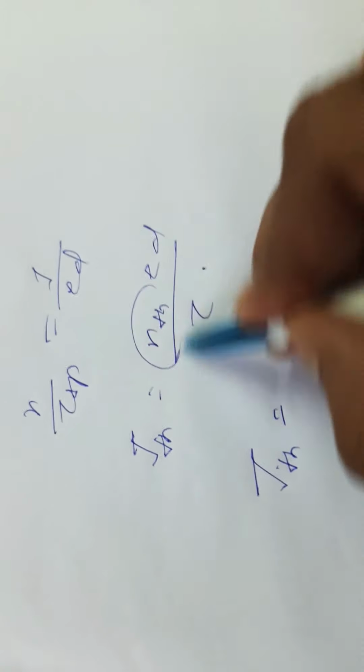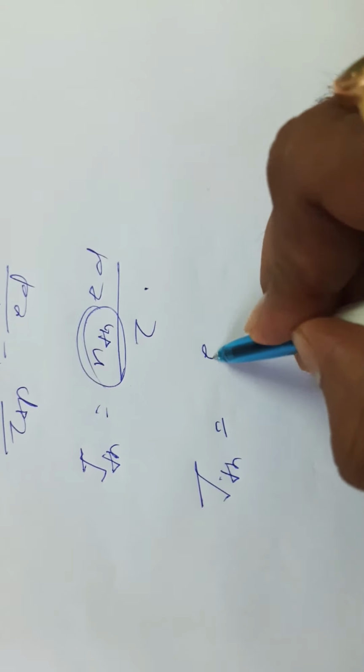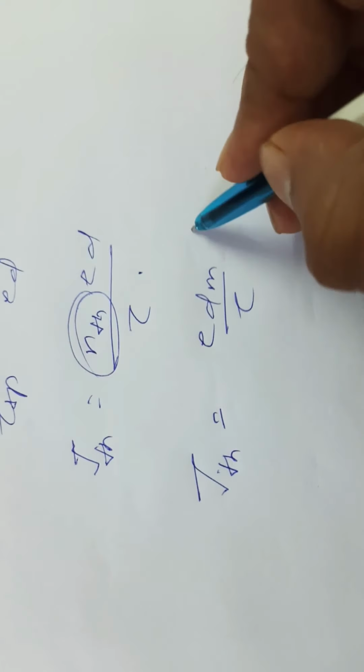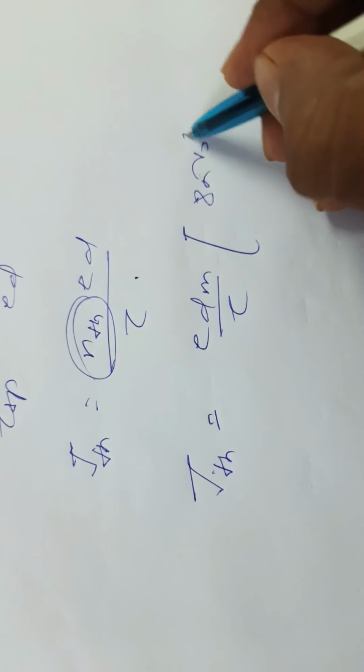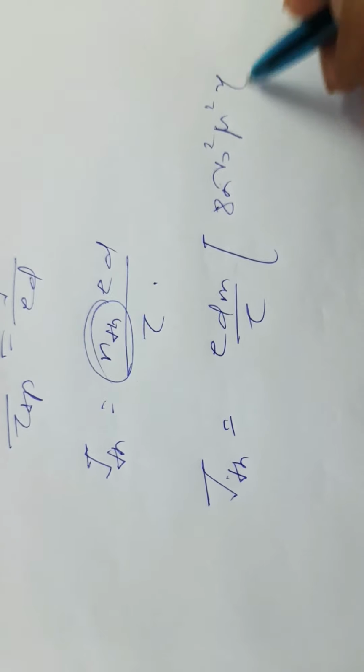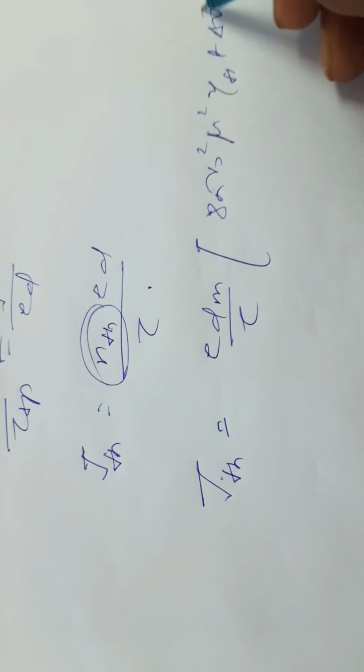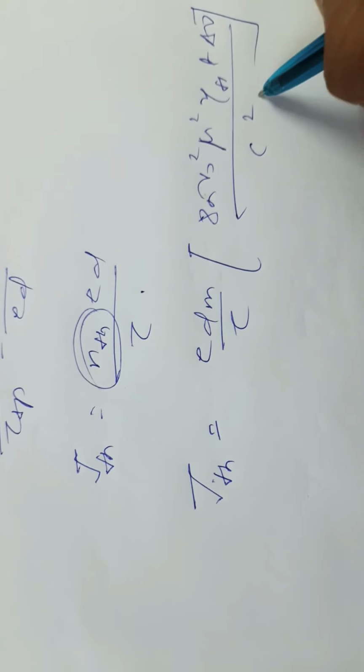We'll substitute the value of n_th from the previous equation: e d_m by tau, 8 pi mu naught square gamma_th by c square.